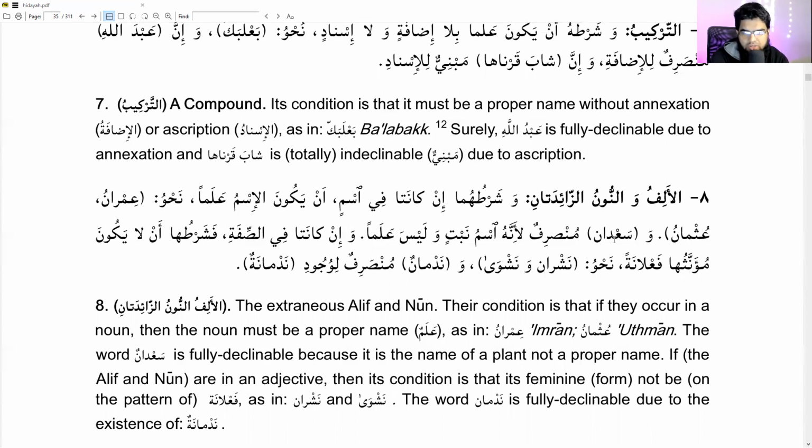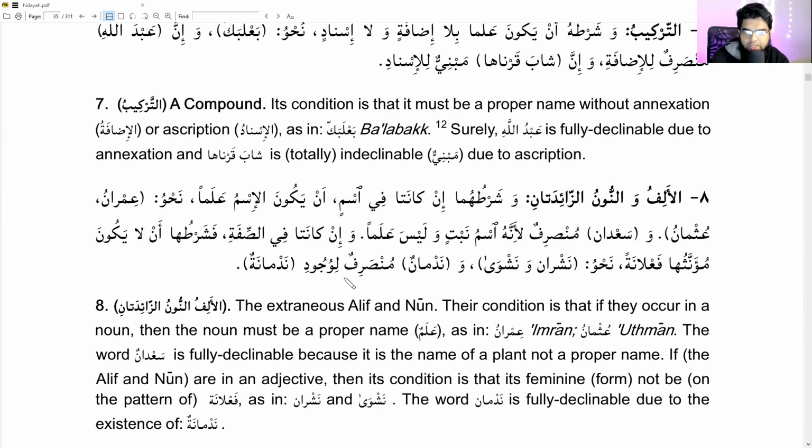It should be a person's name. Like Sa'adan. Sa'adan takes tanween because it was actually a plant. Now, it could be in an adjective also. Its condition is that its feminine should not be on the pattern of fa'alanatun with a ta marbuta. Like Nashran, and the feminine is Nashwa. Nashran, and the feminine Nashra.